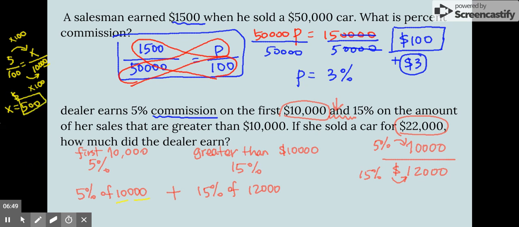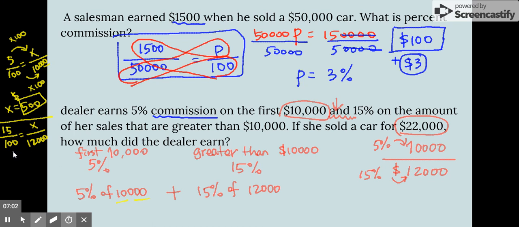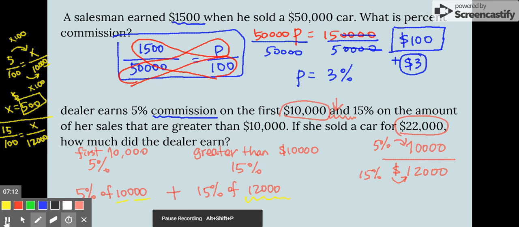And what about the second part? You're going to find 15%. So you can set up 15 over 100, and we're looking for the commission, right? Out of $12,000. So let's do cross multiplication.